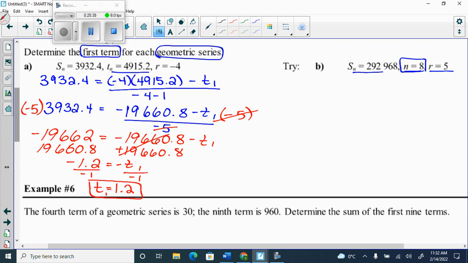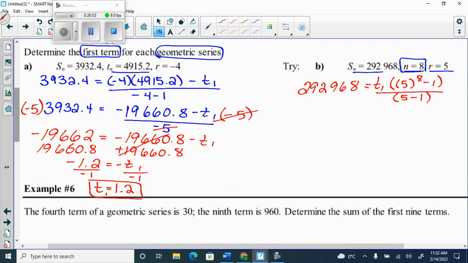Then we're going to do this one, which is going to be 292,968 equals T1, which we don't know, times R, which is 5, to the 8 minus 1, over 5 minus 1. This one's easier to get T1 by itself, just so you know.